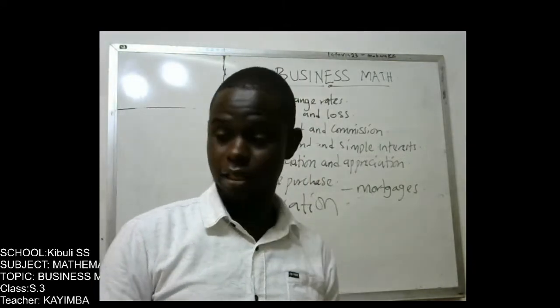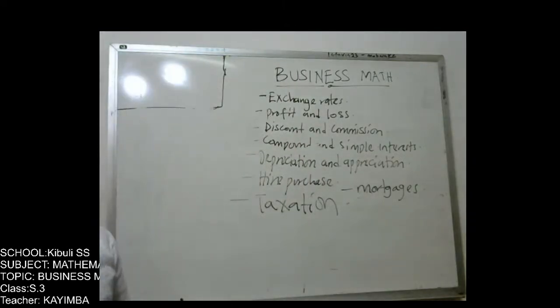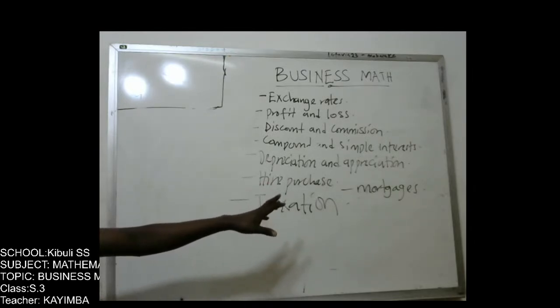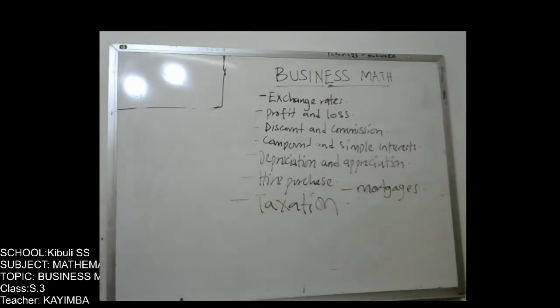You go and buy a property, and then they take the title. This one deals in houses mostly. They take the title, and then you keep on paying in installments also, up to when you finish, and then they give you your title.